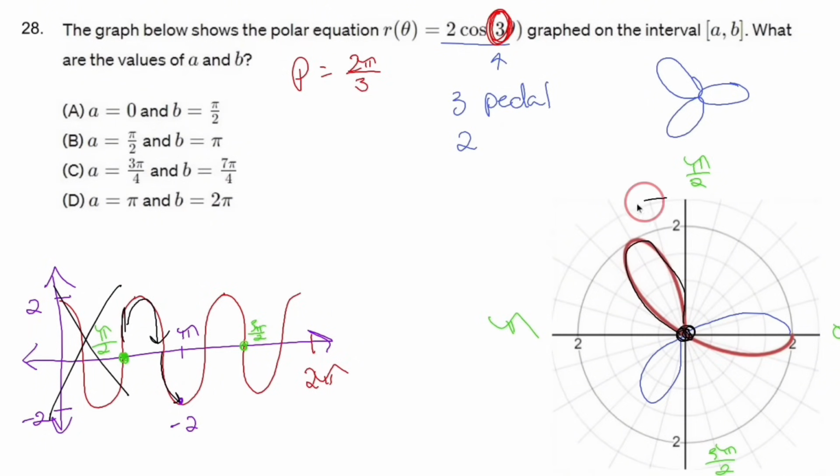So as we go from pi over 2, we hit negative land and have a negative distance, which goes the opposite direction of what's going on over here. So what we have is a graph on pi over 2 to pi. I'm not even going to bother marking up the rest because clearly I can't draw any of this stuff.